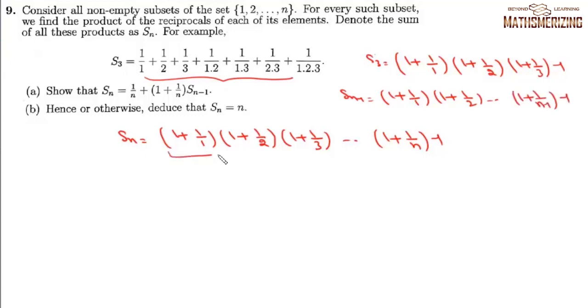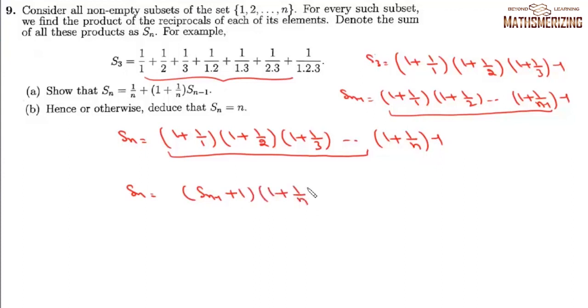Now if in this product we consider all these terms up to 1 plus 1 by n minus 1, then it will be equal to Sn minus 1 plus 1. So we can write this Sn as Sn minus 1 plus 1 into 1 plus 1 by n minus 1. Now if we multiply it, we can write 1 plus 1 by n Sn minus 1 plus 1 plus 1 by n minus 1. Now this 1 and 1 will cancel.